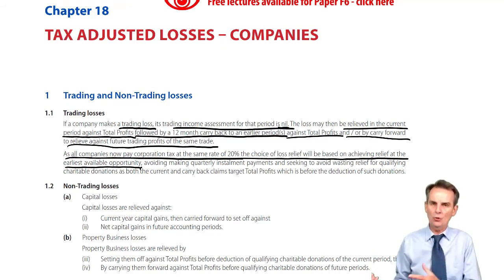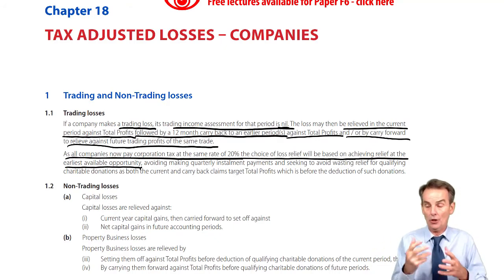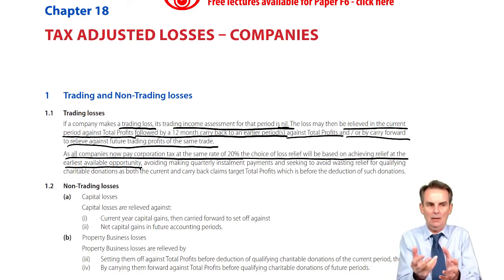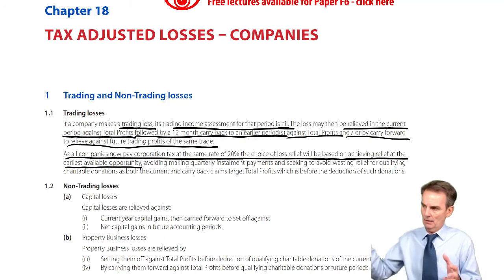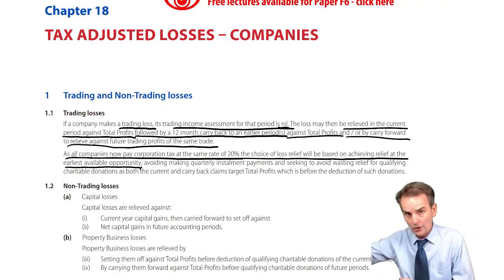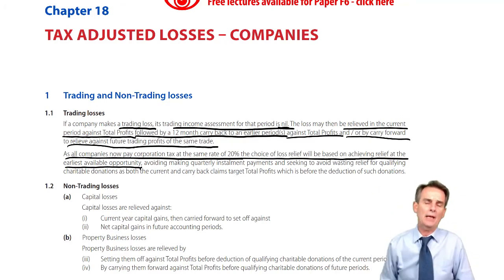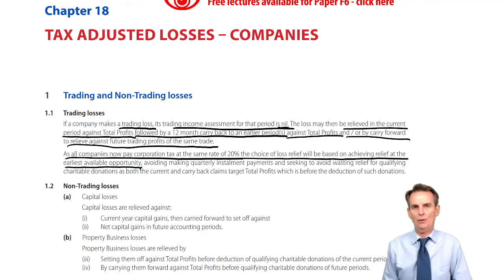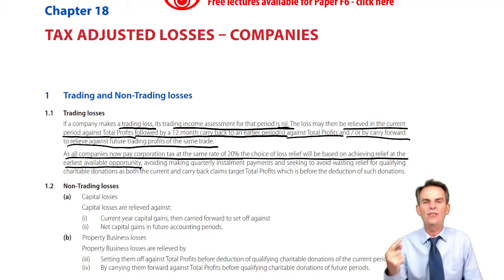Well, that's better than using the loss in the current period, which would simply reduce this year's payment. And it's certainly better than relieving in a carry forward situation, where you go forward against the future trading profits and you would only gain any tangible tax relief for that loss when future tax charges become payable. So from a cash flow perspective, we want to carry back.